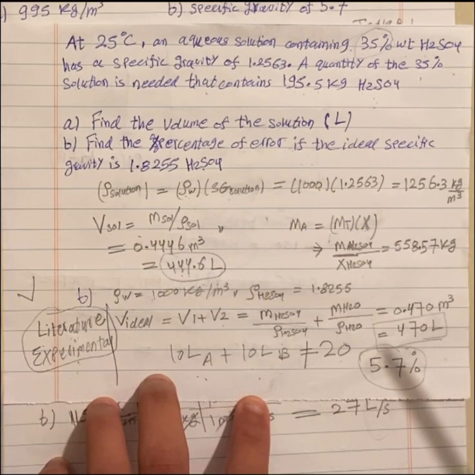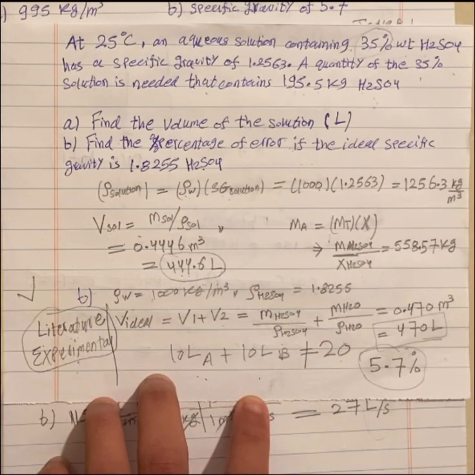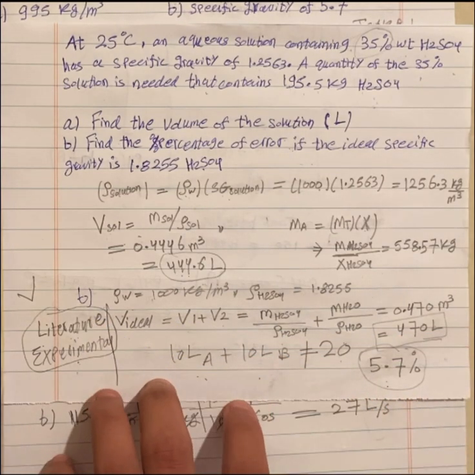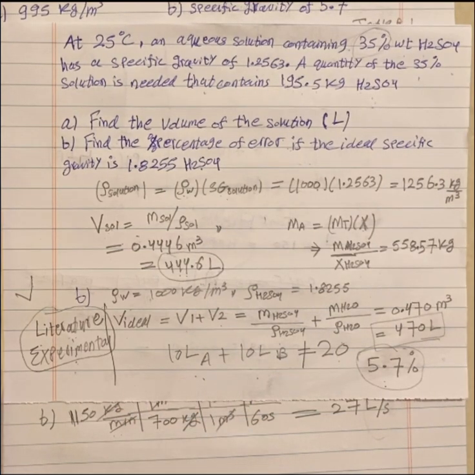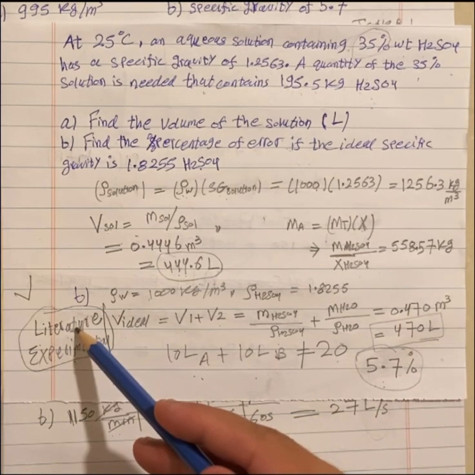How do you know that you are close or far away from this volume of literature? Then you have to do percentage of error analysis. What you will find represents how far you are from the literature value. If you have supernatural power and you did an experiment and this experiment was perfect, it's logical to say that the percentage of error would be 0 because you got exactly the same value.